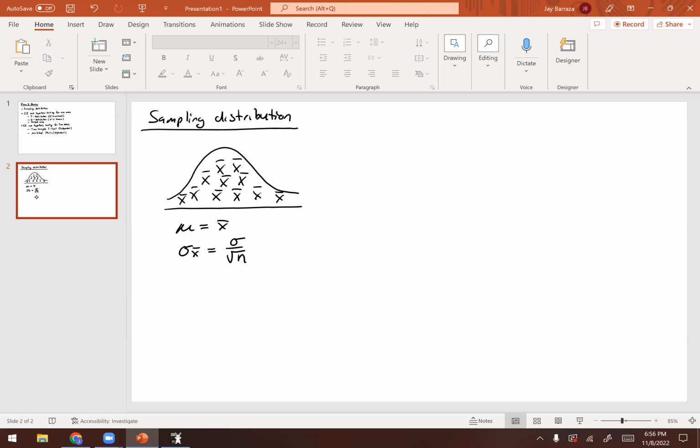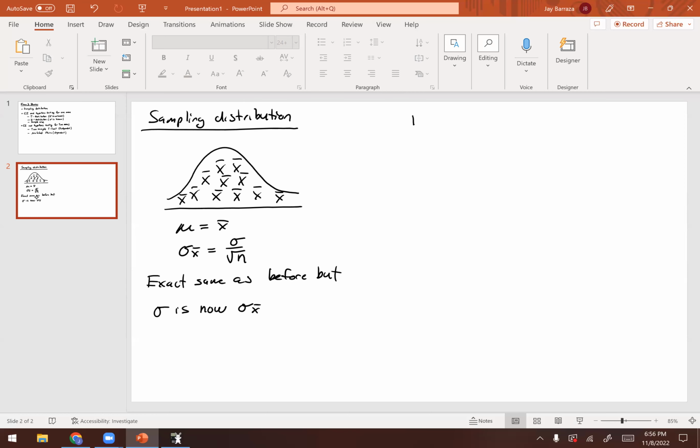And then all you have to do is a norm CDF, but instead of using sigma, it's now sigma over square root n, right? So exact same as before, but sigma is now sigma x bar, okay?